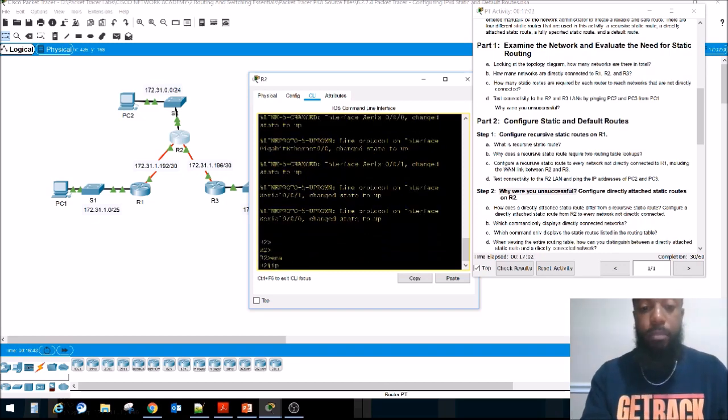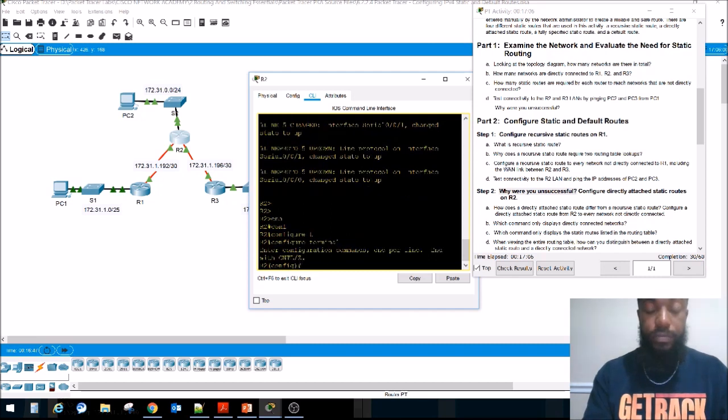Enable, configure terminal, IP route to get to 172.31.1.0, /25, which is 255.255.255.128, I believe.